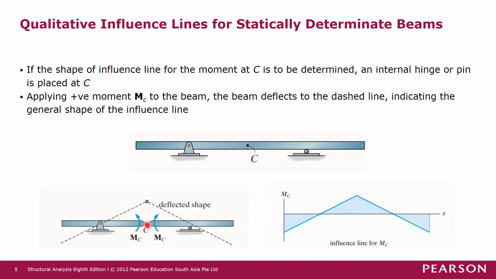And then we apply the positive bending moment. Remember that for bending moment, we take a deflected element like this as the positive direction, where the bending moment is acting in the indicated direction here.